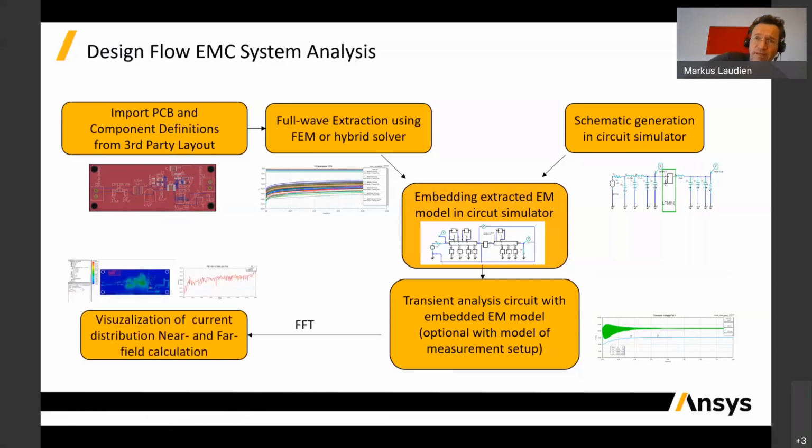Then a Fourier transformation will be made from the circuit. This means at every point where a port of the circuit simulator is connected to a port on the printed circuit board in the electromagnetic model, the signals according to magnitude and phase will be handed over after the Fourier transformation to the electromagnetic solution, and then can be used, for example, for a current visualization, like visualizing the currents if the switching active device would be there, or watching, for example, the radiated field.